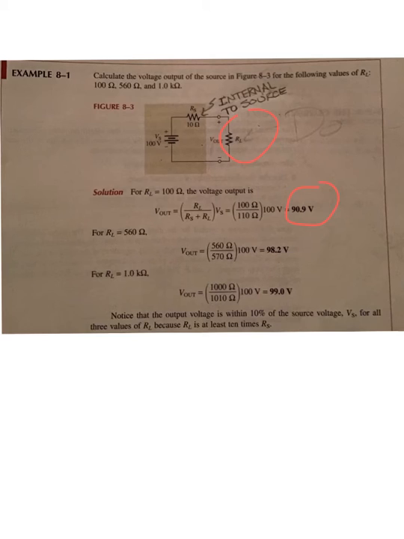Now, if we plug in a load of 560 ohms, we get 98.2 volts. It went up because what I failed to tell you was, if you look, there's only 100 ohms in that circuit. This is problem 1.